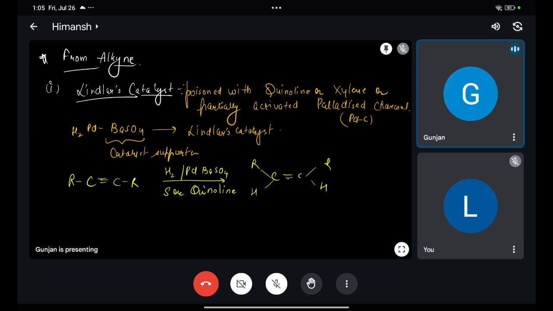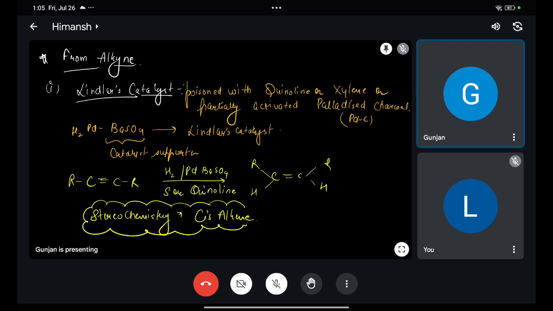The stereochemistry is that we get the cis alkene in this Lindlar's catalyst reaction. Got it? Yes, ma'am, got it.